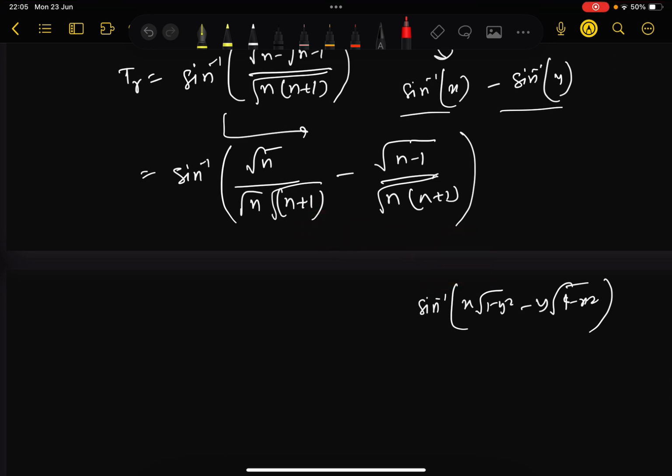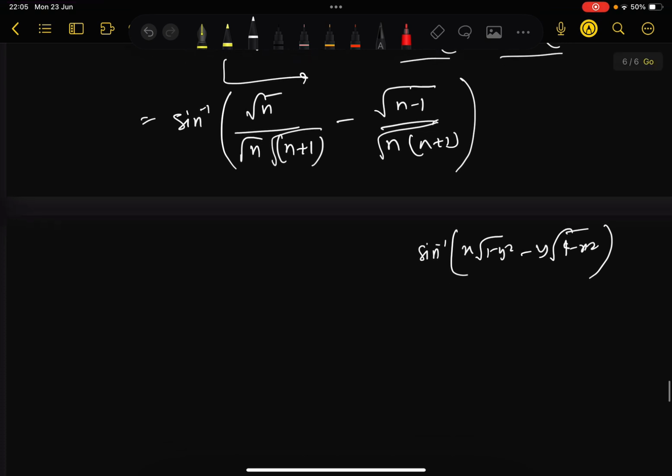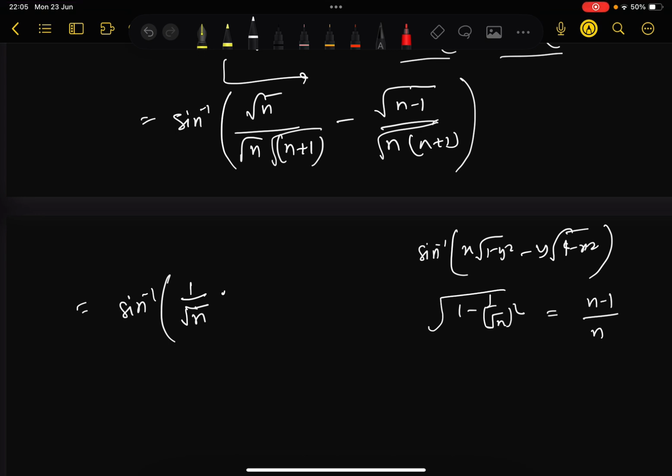So here we have to identify which term is x and which is root of 1 minus y square. If we consider 1 upon root n as x, then what is root of 1 minus 1 upon root n square? This will become root of n minus 1 divided by root n, like this.